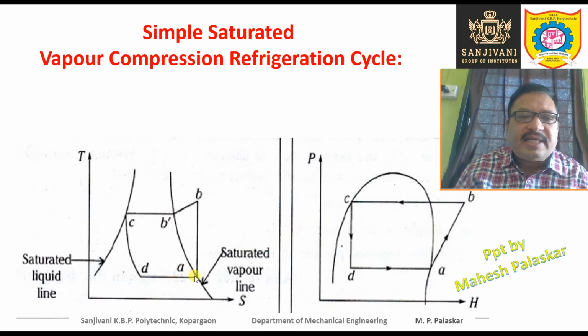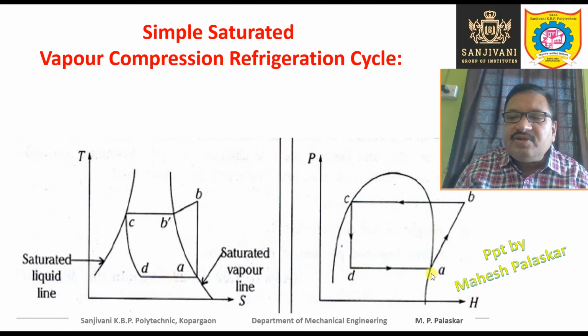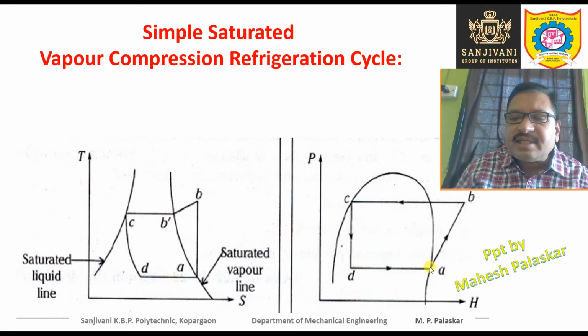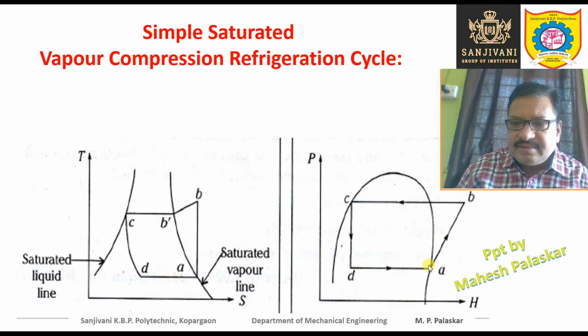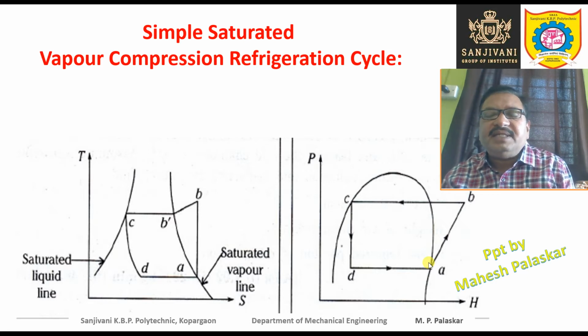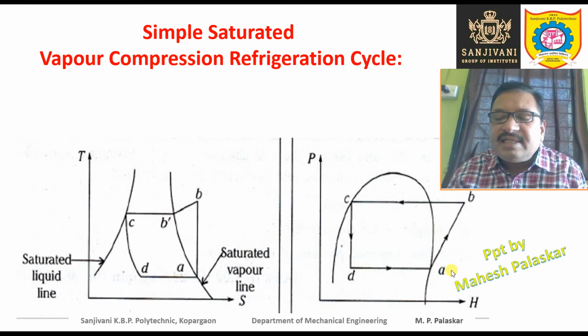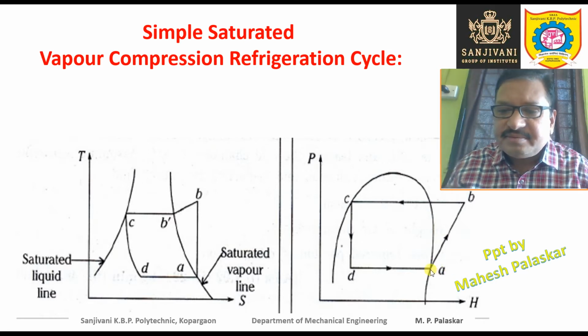So here in the TS diagram also, the point A is lying on the saturated vapor line, and in the pH diagram also, point A is seen to be lying on the saturated vapor line. It means the refrigerant which is entering the compressor is dry and saturated. The condition of the refrigerant which is entering the compressor is dry and saturated.